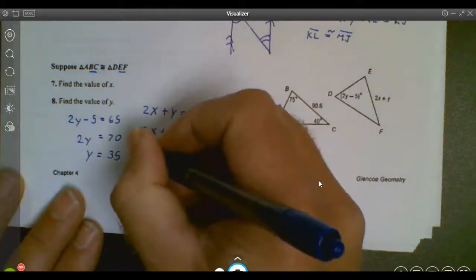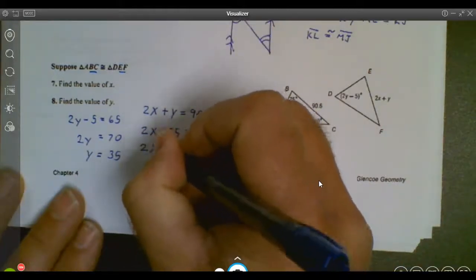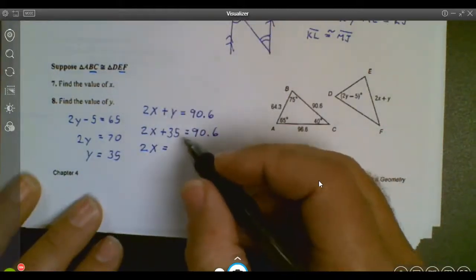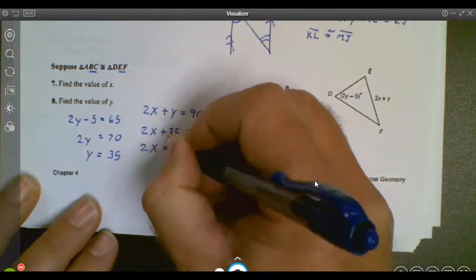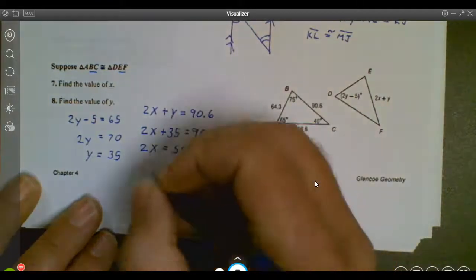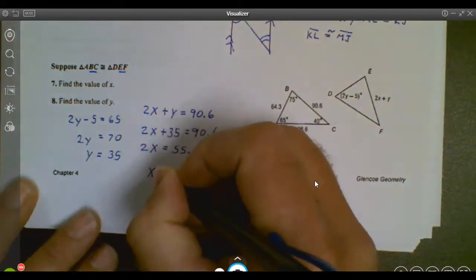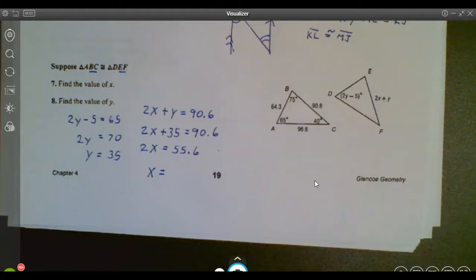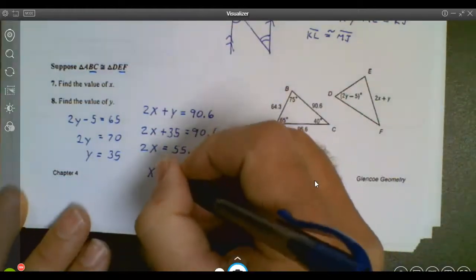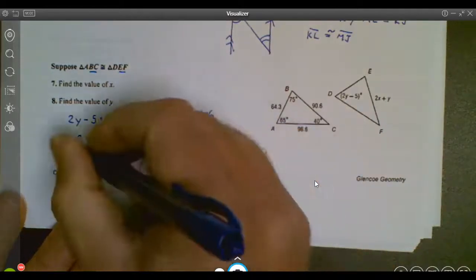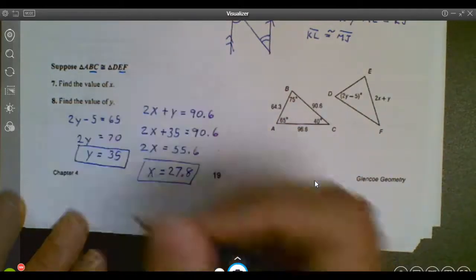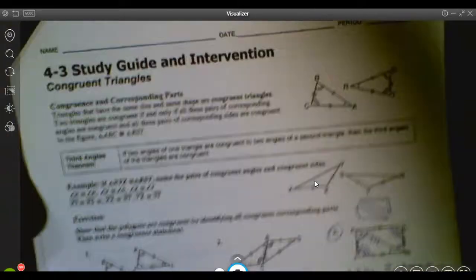Subtract that 35. So if I did 90.6 minus 35, I'm going to get 55.6. And then divide both sides by 2, and we got our value for x. Let's see, 55.6 divided by 2 is going to give us 27.8. Right. So that's how we can put that congruent statement to use. Recognizing that the order matters really helps on those guys.